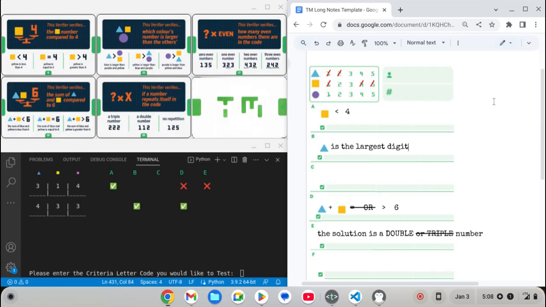And what can we say? Well, if triangle's to be the largest, I don't think circle can be 5, because if circle were 5, there's nothing larger for triangle to be. So let's go ahead and cross it out.